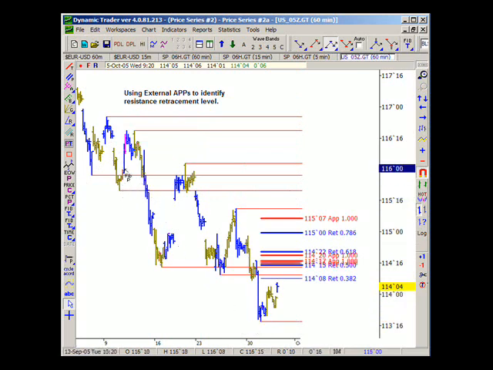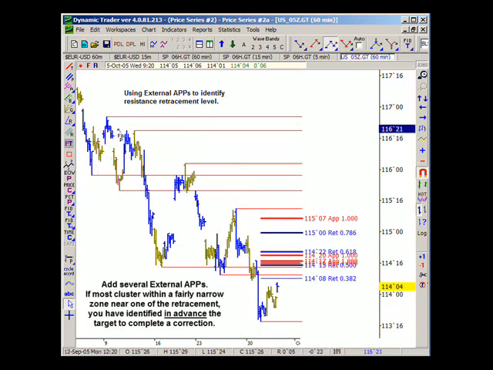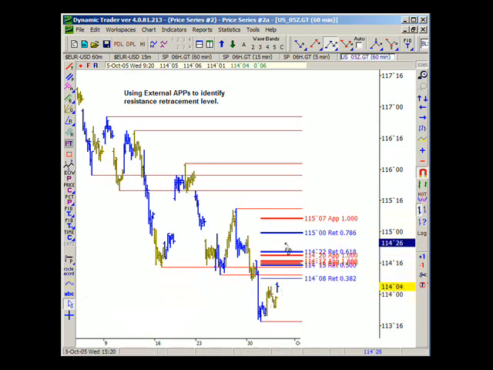So I've gone back and done the alternate price projection from these other two corrective rallies. So now we've done it from four back: the most recent, second back, third, and fourth back. Now, the one alternate price projection that is well above the 78.6% is probably irrelevant if this market is making a correction, because it's well above the 78.6% retracement.